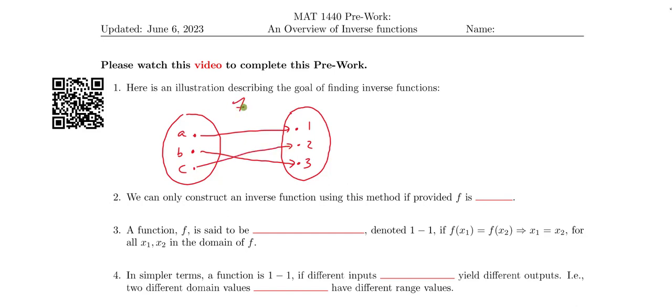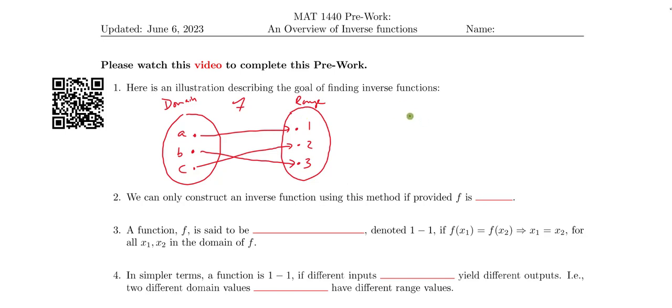So if this is a function f here, what we'd like to do is remind ourselves that this is the domain set. These are the independent variables, and they get paired with unique dependent variables over here. So this is the range set for our particular function.